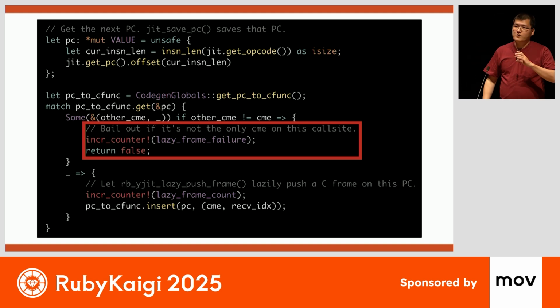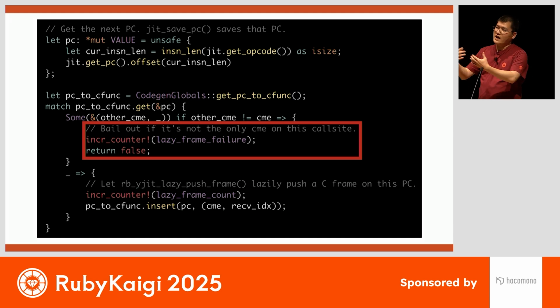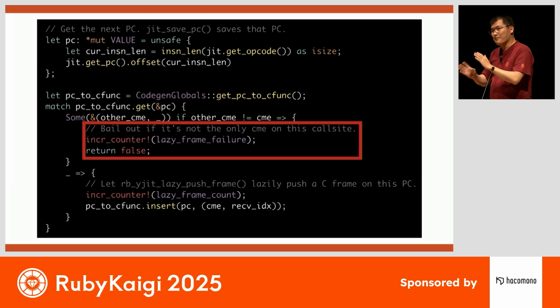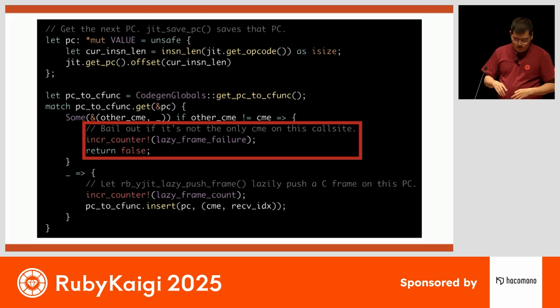So the program counter is not necessarily tied to a specific method entry. So because we assume that the setByte is not going to be a polymorphic call, we assume that it's a one-to-one mapping, and if it's not, we can just exit to the interpreter when that happens.